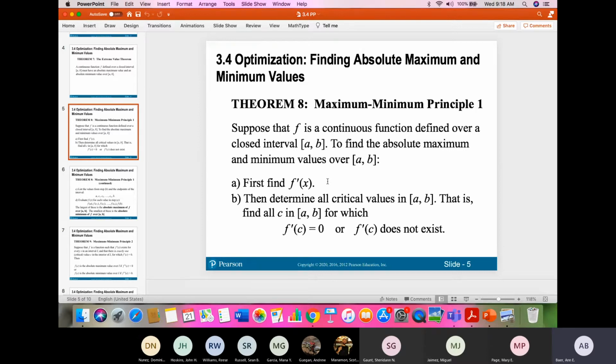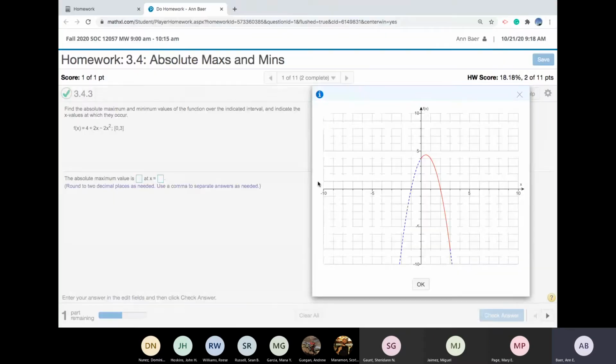Do the following. First, find the first derivative. So if we want to find the first derivative of this function, the derivative of 4, an additive constant, is 0. The derivative of 2x is 2 times the derivative of x, which is 1, so that's just 2.